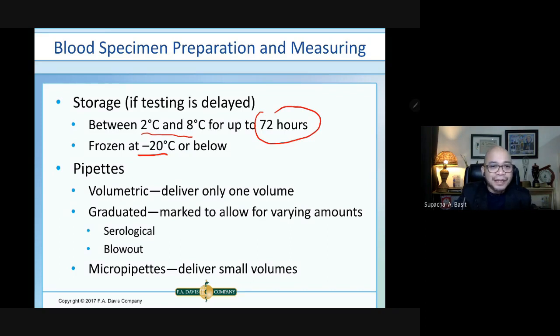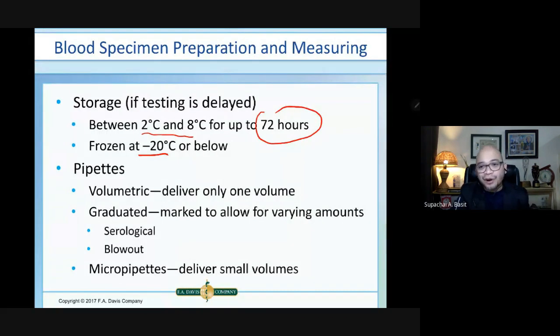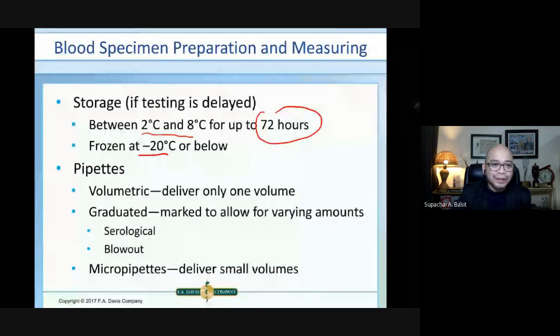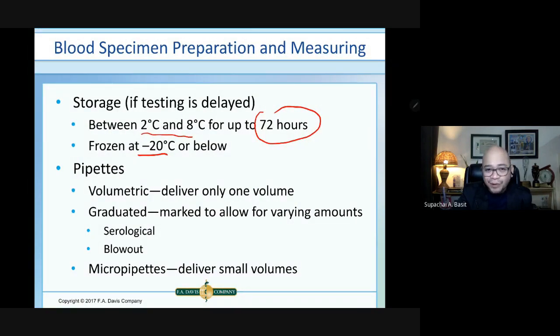And if you will be getting liquid or chemicals in the laboratory, you will be using pipettes. There are different types of pipettes. For example, the most accurate of them all is the volumetric pipette because it delivers only one kind of volume.